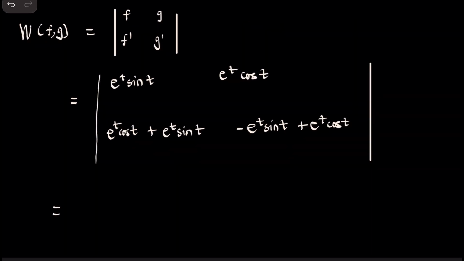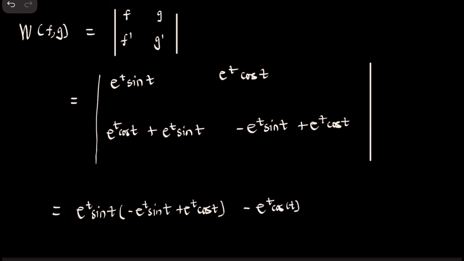Computing the determinant, we have e^t sine of t multiplying minus e^t sine of t plus e^t cosine of t, then minus the product of e^t cosine of t multiplying e^t cosine of t plus e^t sine of t.